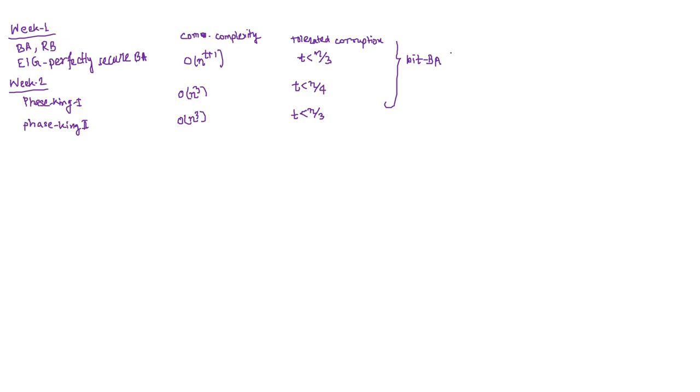Also we had seen that all these Byzantine agreement protocols can be converted to reliable broadcast protocols with the same corruption threshold as BA.